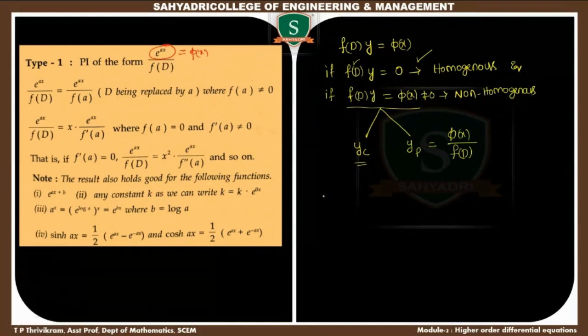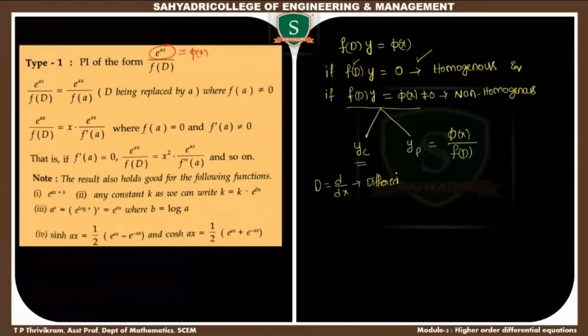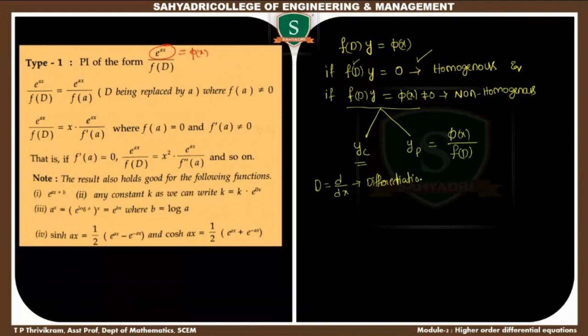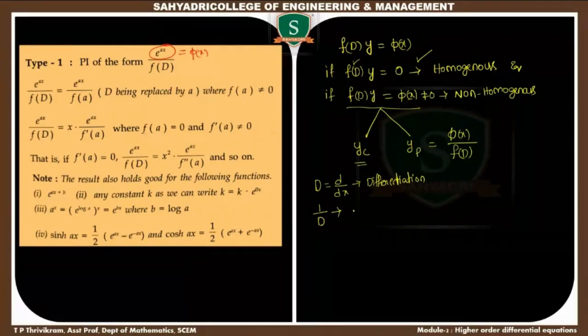Similarly, there is one more operator called 1 by D. Previously I took D equal to d by dx, which is differentiation. Now I am taking its inverse, which gives integration.